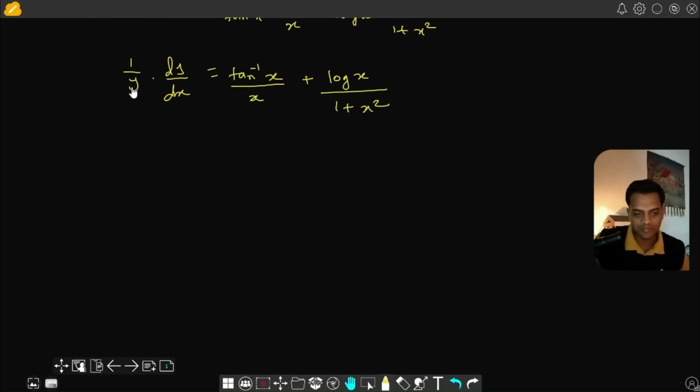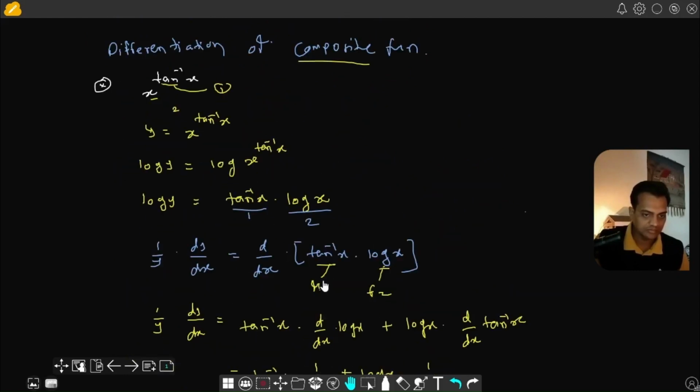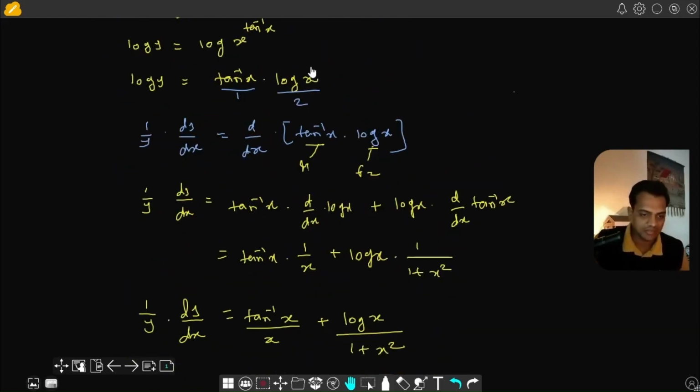Now for that I have to keep this y in this particular multiplication. So dy by dx is equal to y into tan inverse of x divided by x plus log of x divided by 1 plus x square. Now I can put in the value of y. So the final output will be dy by dx is equal to y, and y means x raised to tan inverse of x.